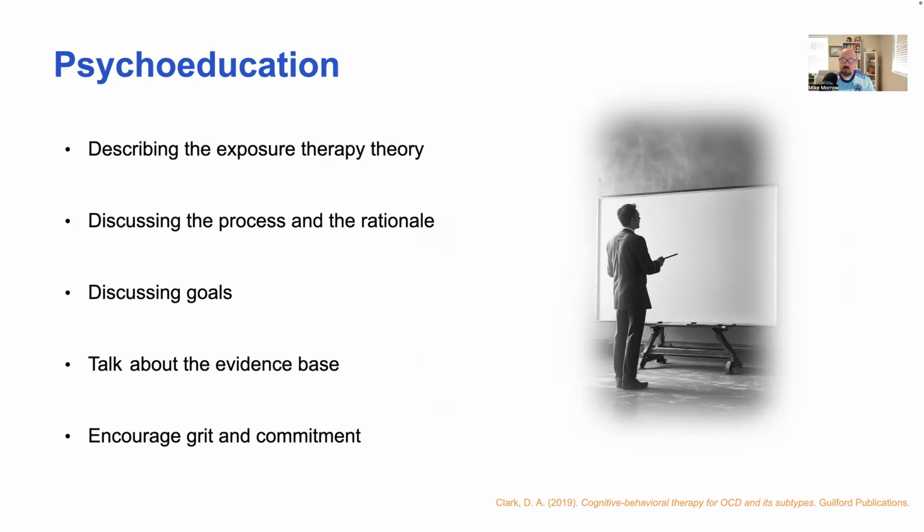So, psychoeducation. You could be describing exposure therapy theory, discussing the process and the rationale, discussing goals, talking about the evidence base, and encouraging grit and commitment. I can't stress that one enough. You really want to reinforce finishing the exposures if we're starting them, because it would be unhelpful to start an exposure but then support the avoidance afterwards.